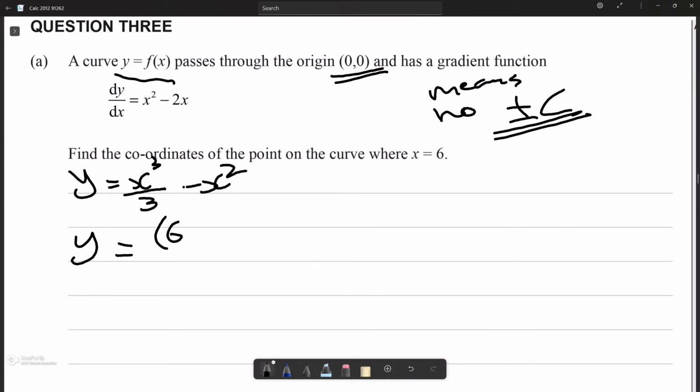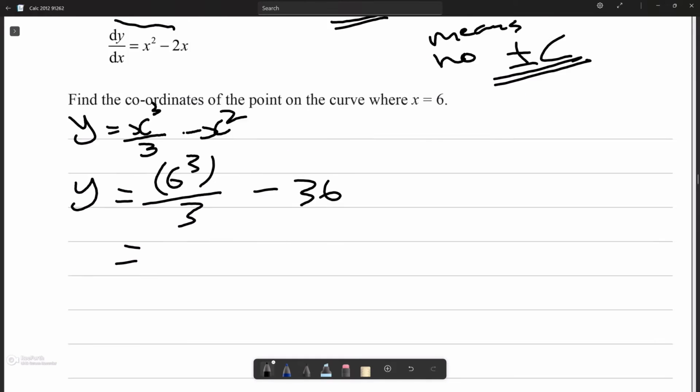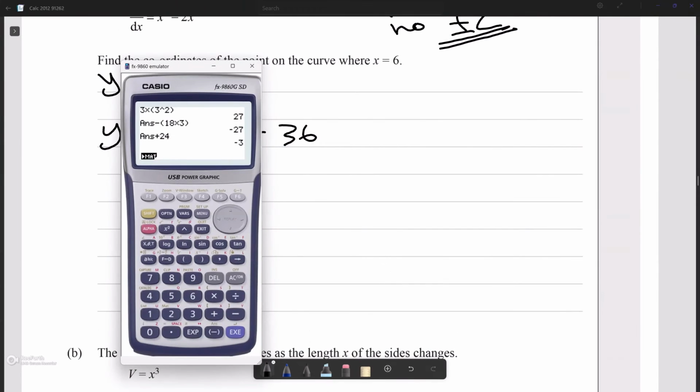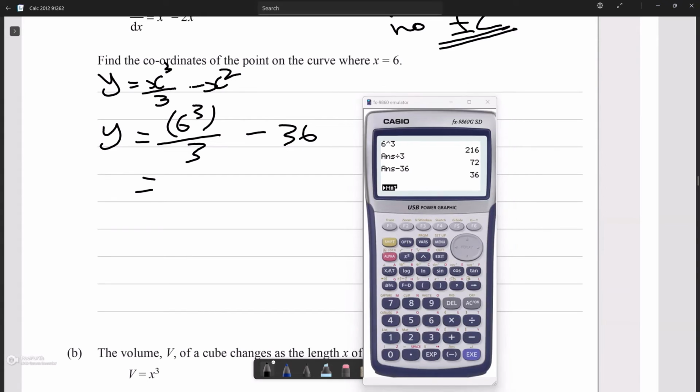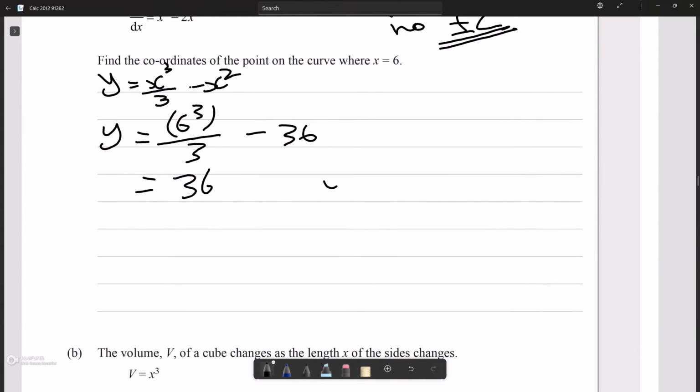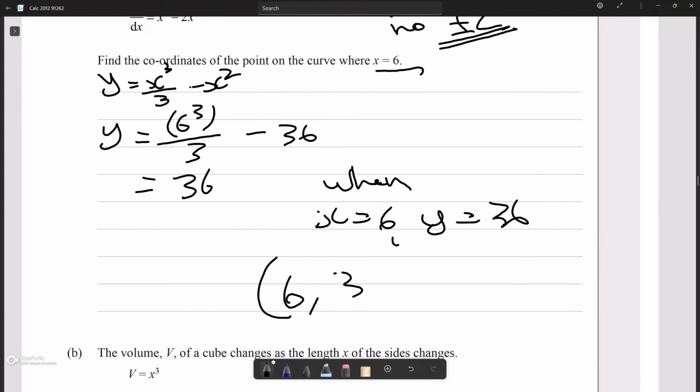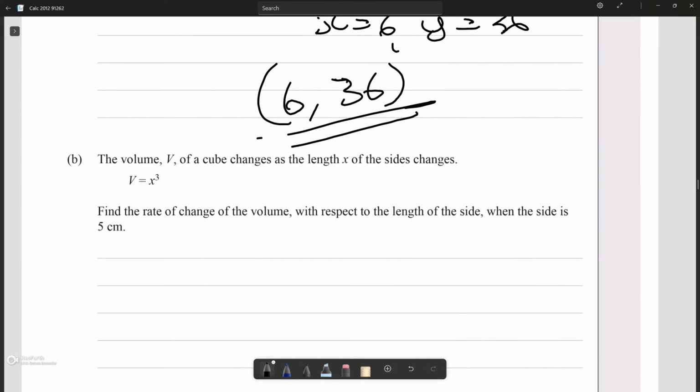Find the coordinates. So y is equal to 6 cubed over 3 minus 36, which is equal to 36. So when x is equal to 6, y is equal to 36, hence the point 6, 36.